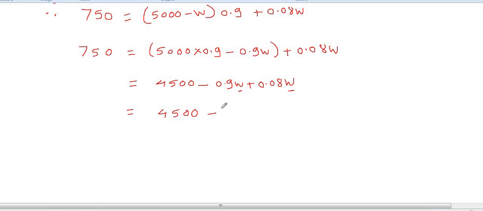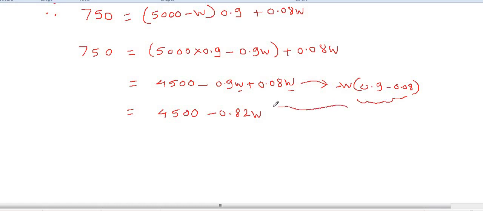You will get 0.82 W. If we take minus W common, here will be 0.9 and here it will be 0.08, minus plus. From this, you get this value 0.82.